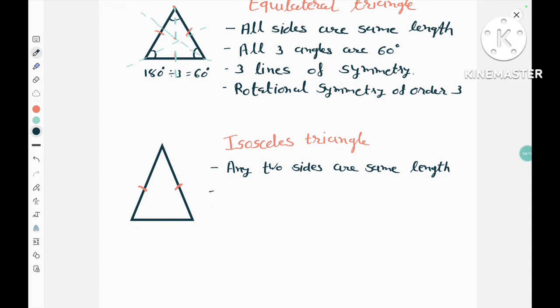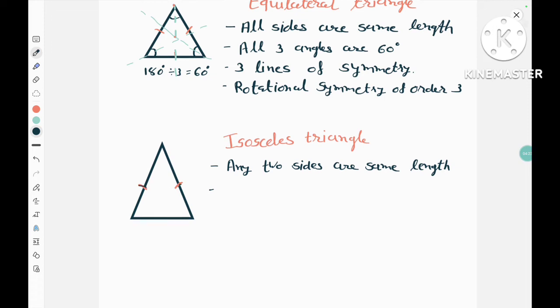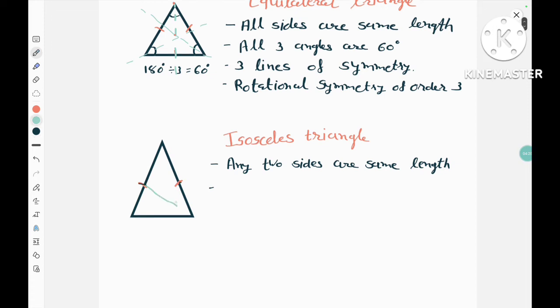Second, if two sides are the same length, then two angles are also the same. If these two sides are the same, then the opposite angles are affected, since side length affects the opposite angle. So this angle and this angle are going to be the same.